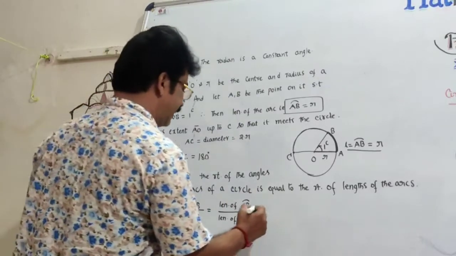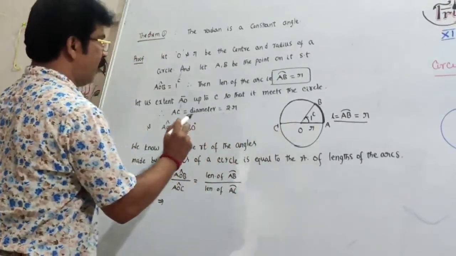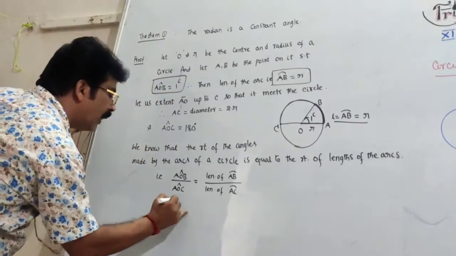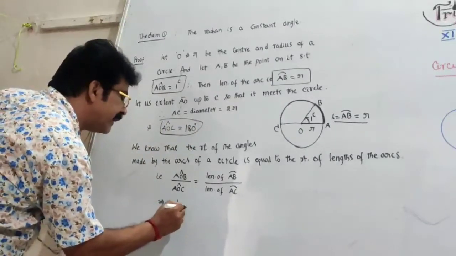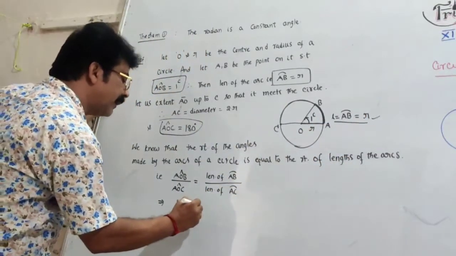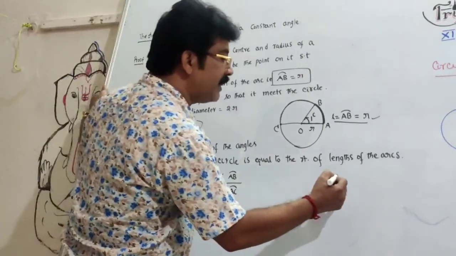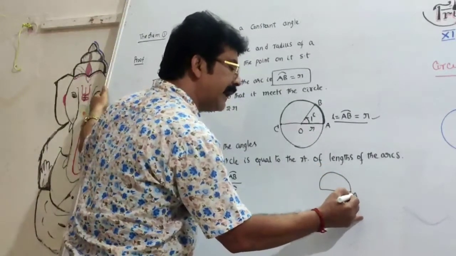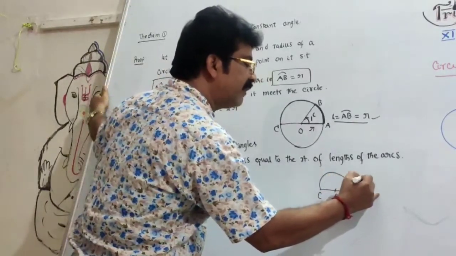So that implies angle AOB is 1 radian, 1 divided by angle AOC, which is 180 degrees, is equal to the length of the arc, that is the radius r, divided by the length of the arc AOC. The arc AOC is half the circumference.